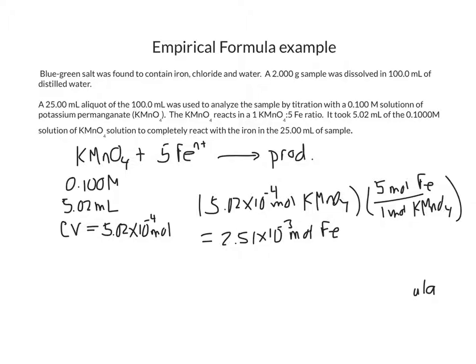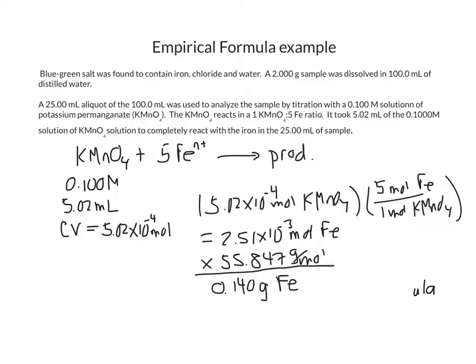So what I really want is percent by mass, and so I need to go from moles to mass, but I know how to do that because I can just multiply by the molar mass of iron, which is 55.847 grams per mole, to find the number of grams of iron that I have in my sample, and I find that I have 0.140 grams of iron.